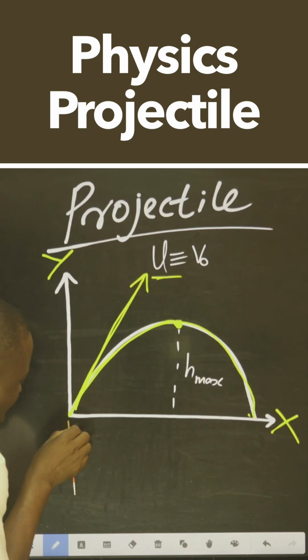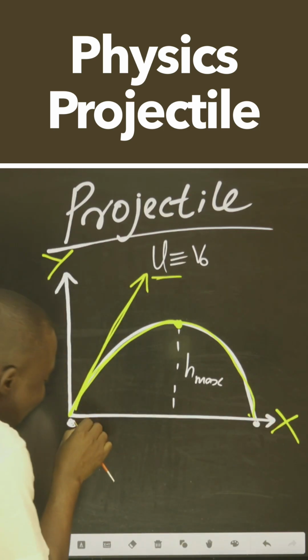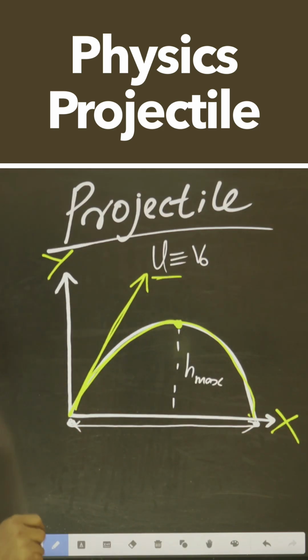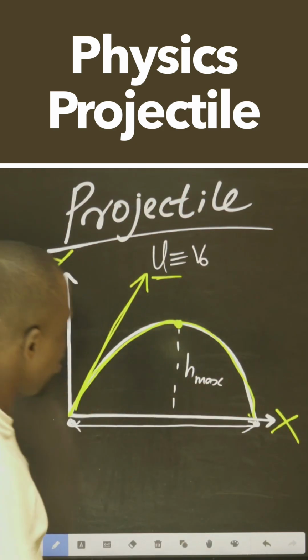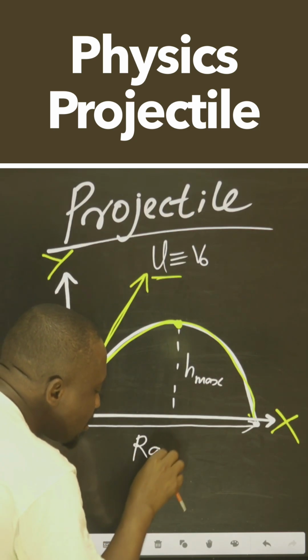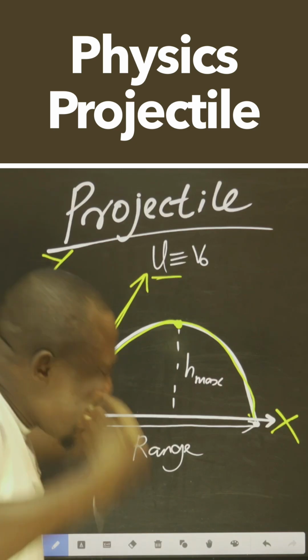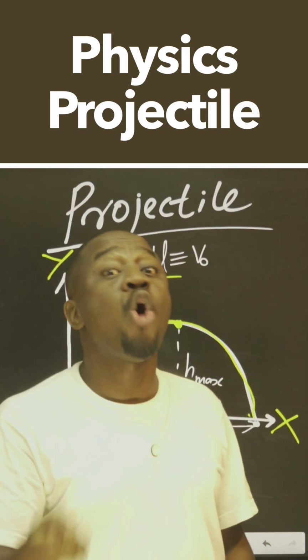Now, you can also calculate the distance from the starting point to where it landed. Normally, this is called distance. But because we are discussing projectile, we don't call it distance, we call it range. It's the same way if you have money in your hand, it depends on what you want to do with the money or where you got it.